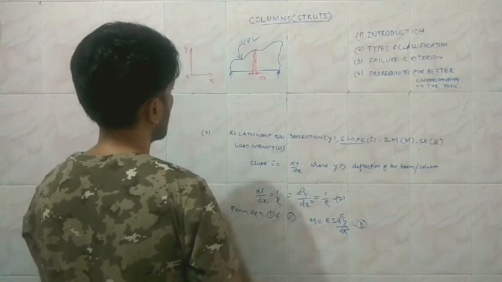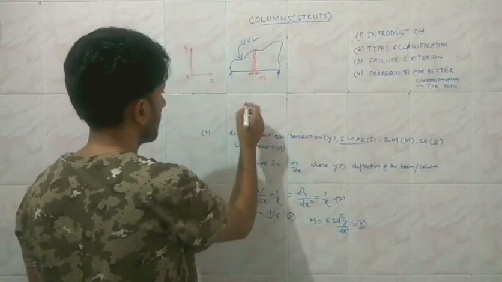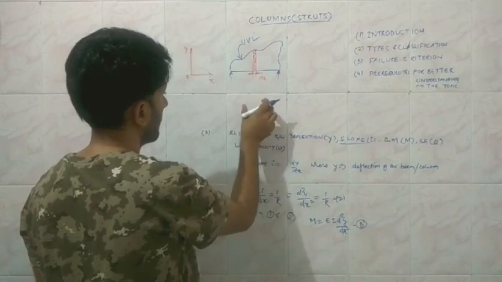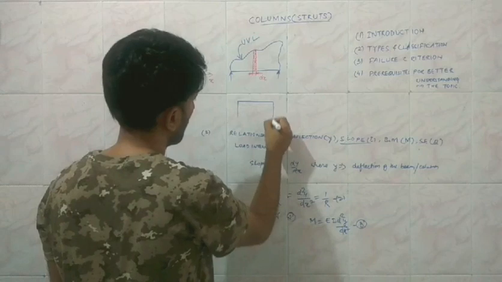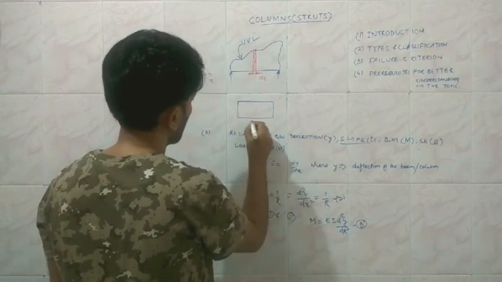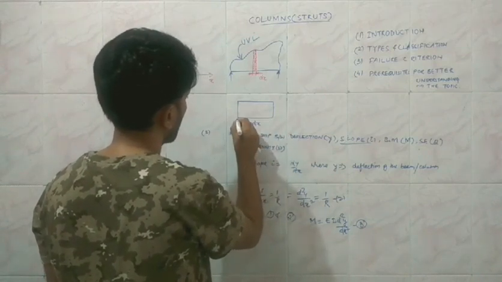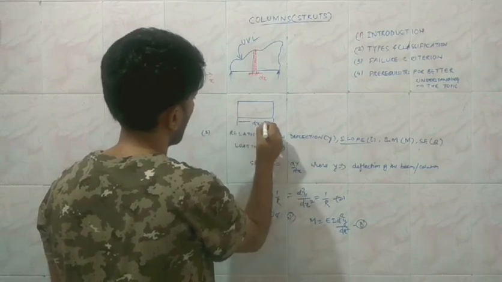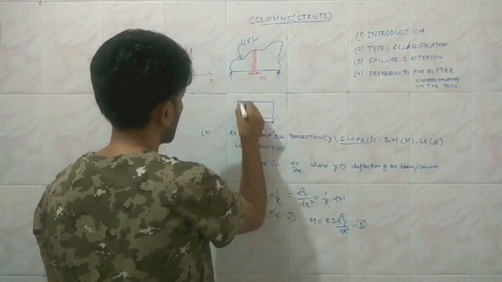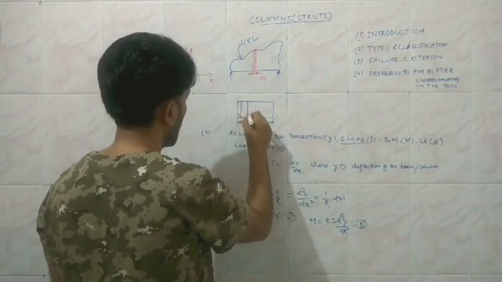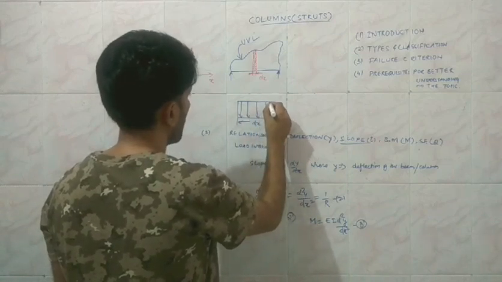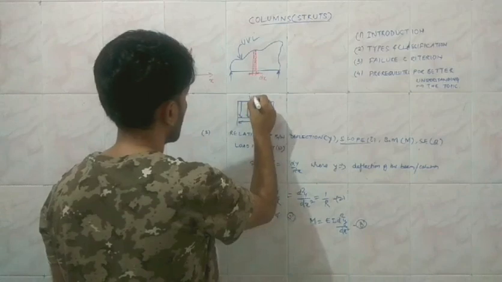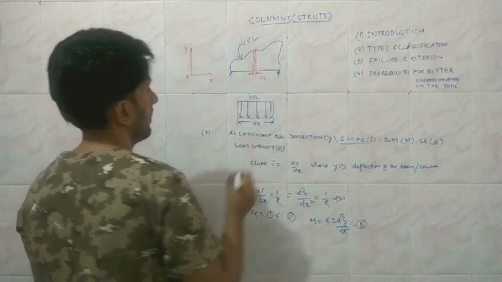So I am going to draw the exaggerated view of this differential length of the beam, and say this is the length dx, and it is subjected to the uniformly distributed load, UDL.